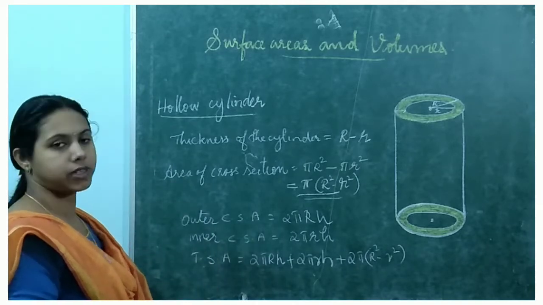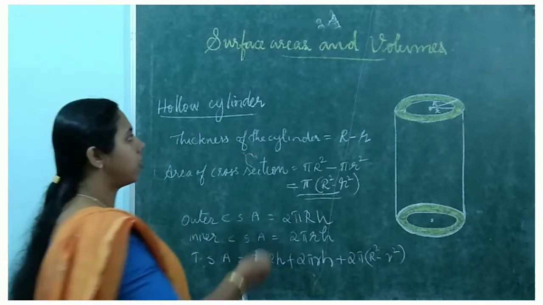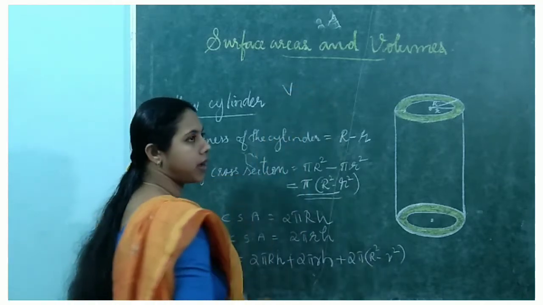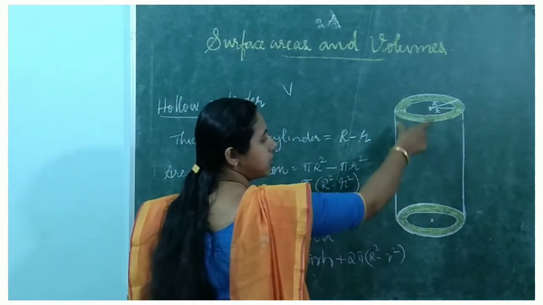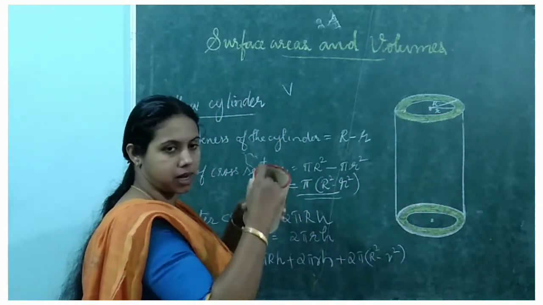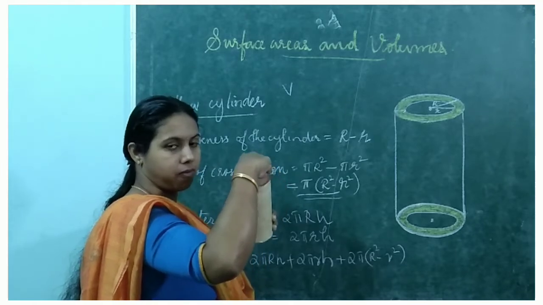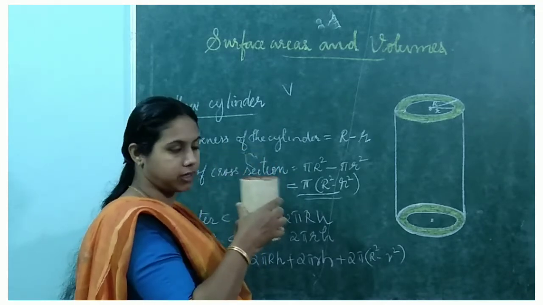Now the volume of this hollow cylinder. We know that volume of a cylinder is pi r square h. Here we want to get the volume of this hollow cylinder, that means only this part, you have to find the volume of this.